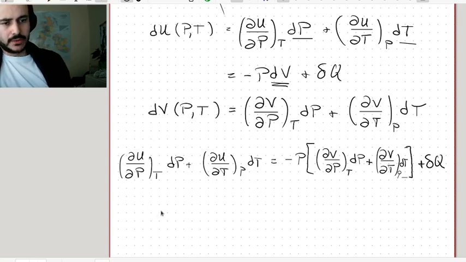So now, again, I can collect everything together in the left-hand side of this expression, which finally gives me, well, what is it?